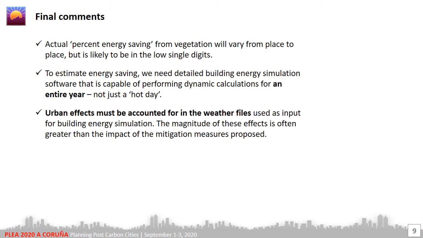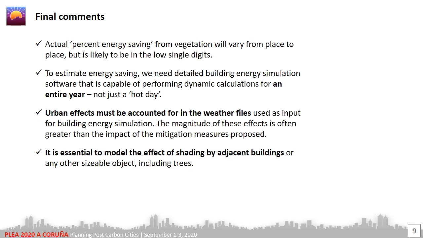Urban effects must be accounted for in the weather files used as input for building energy simulation. The magnitude of these effects is often greater than the impact of the mitigation measures proposed. It is essential to model the effect of shading by adjacent buildings or any other sizable object, including trees. And finally, let us remember that energy savings also depend on occupant behavior. That's us.